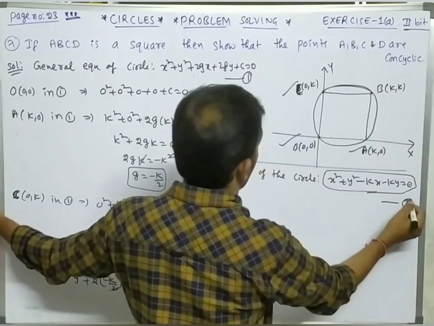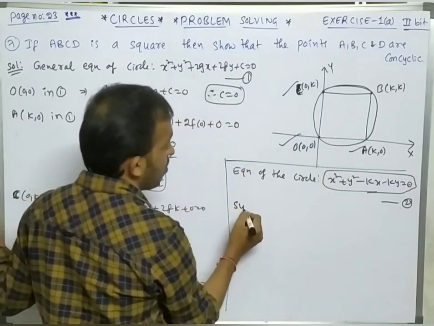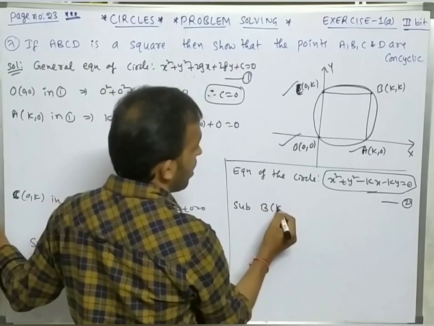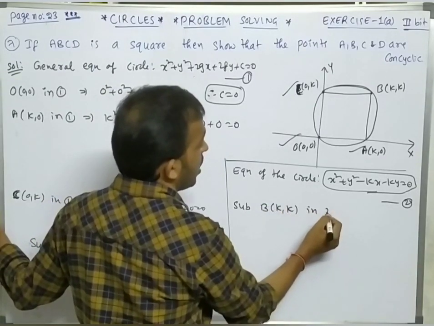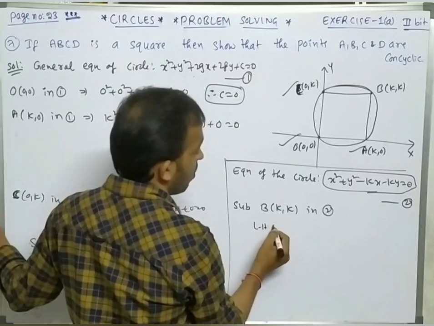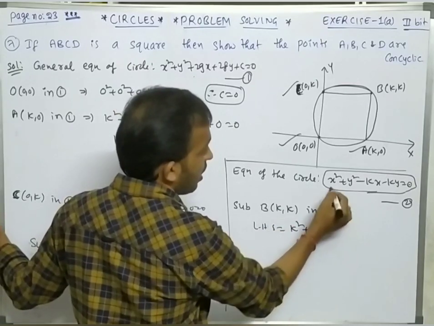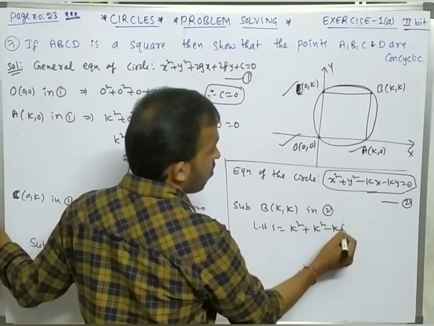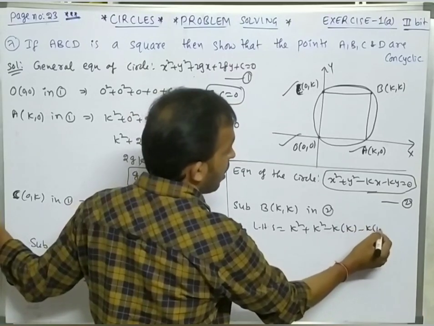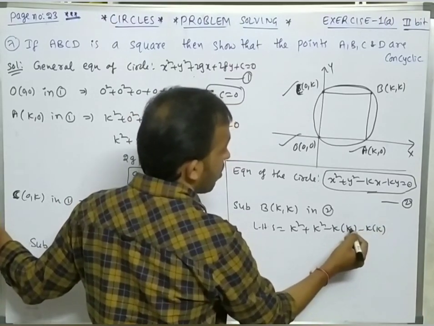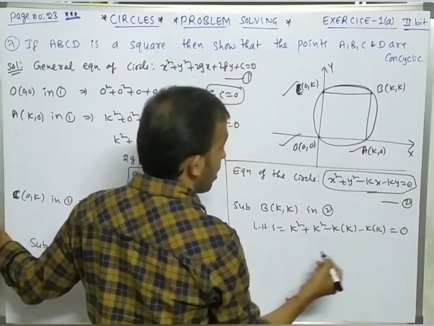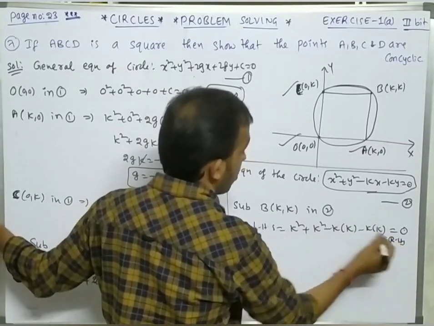Equation number 2. Now substitute B, k comma k, into it. Then what is left hand side? k square plus k square minus k into k minus k into k, k square, k square, all gets cancelled. Answer 0, which is equal to RHS.